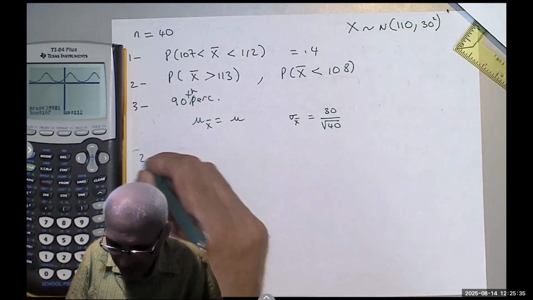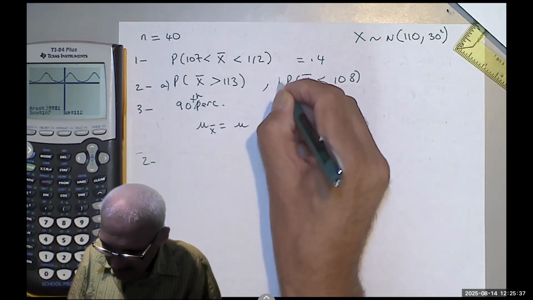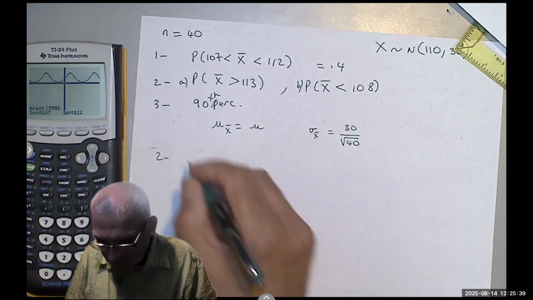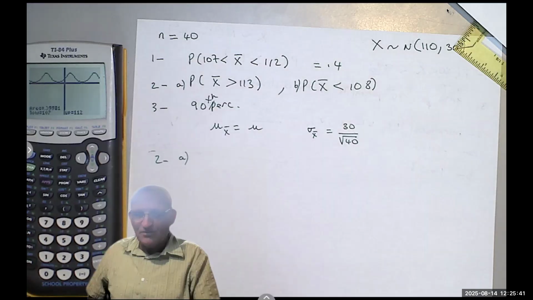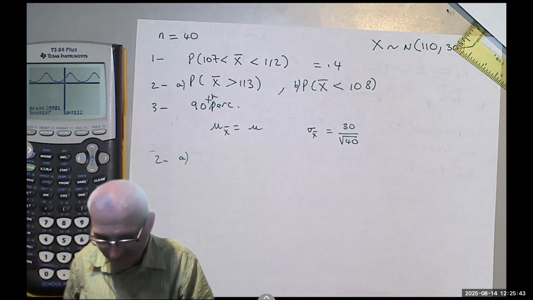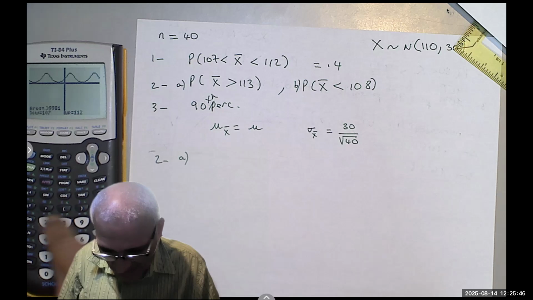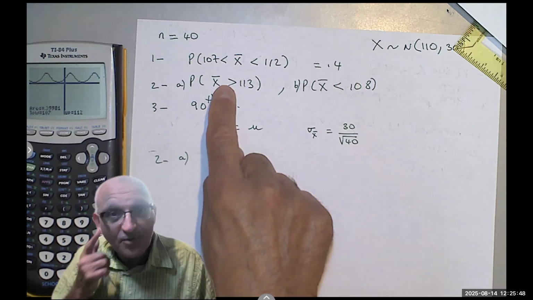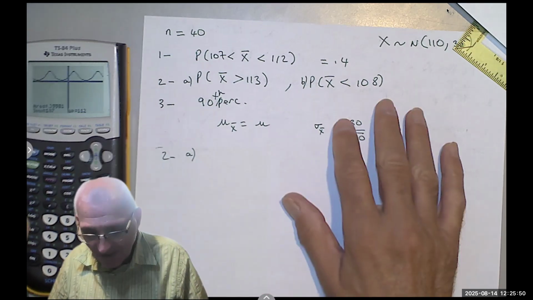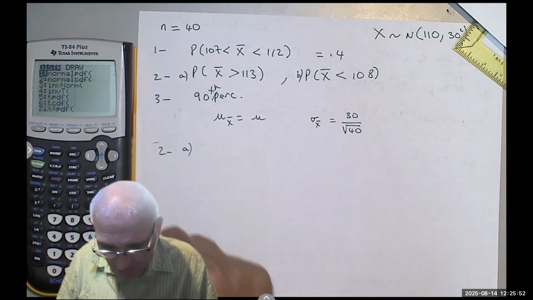So number 2, let's say this is part A and this is part B. Maybe you would explain to me in the comments how to use it. I don't need to shade it anyway. Second one, I want the probability that X bar is greater than 113. So we do it the same way.